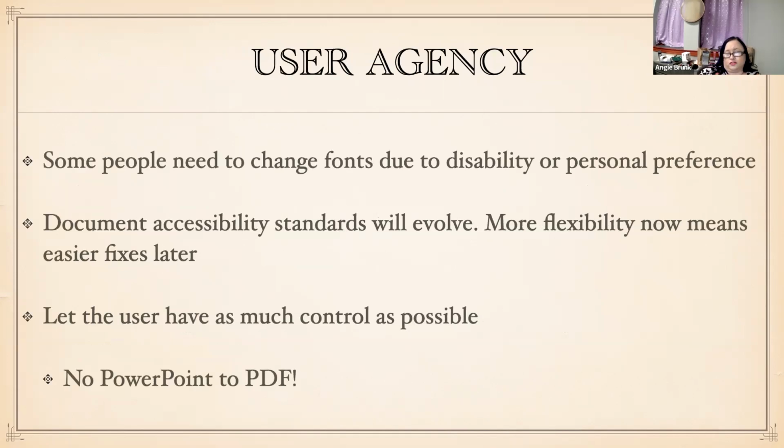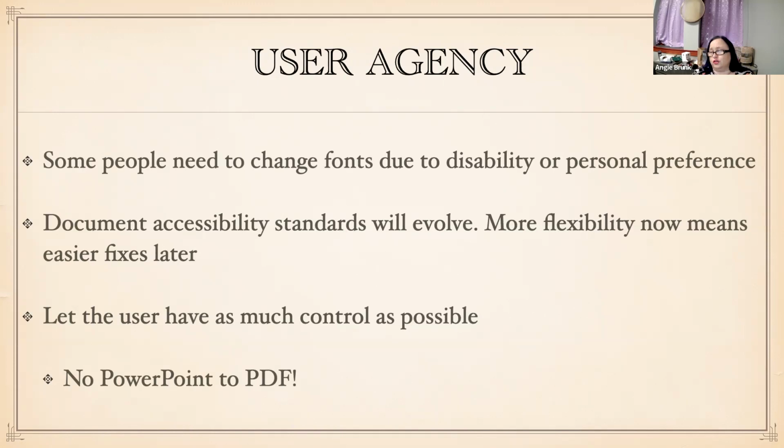Along with that, user agency is really the backbone of creating accessible content. And I wish more people would look at design from a user agency point of view. That is to say, some people actually need to change things in your document.